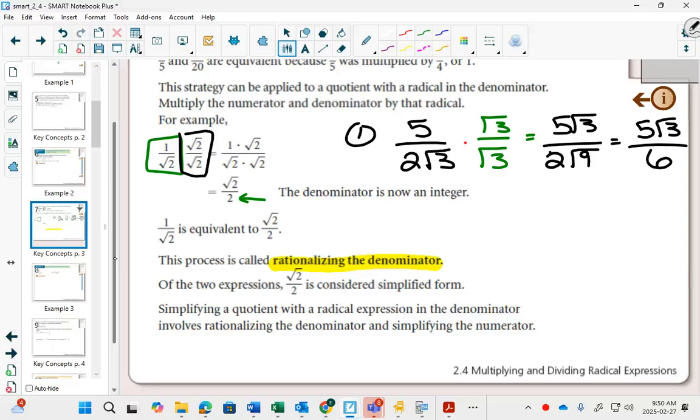The more difficult rationalization that we'll have to do, the second kind, is when you have 2 square roots or 2 things on the bottom, a binomial on the bottom. It doesn't have to have 2 square roots, it could be 1 square root and a number.